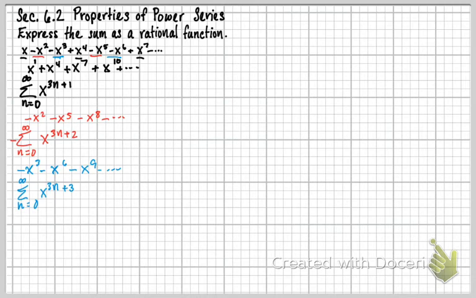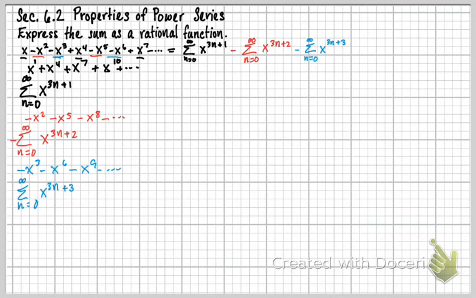So what I would say now is this equals that first sum and so on. When I put them all together, this is what I end up with. Now I found the sums. I'm not done yet, but I'm pretty close.